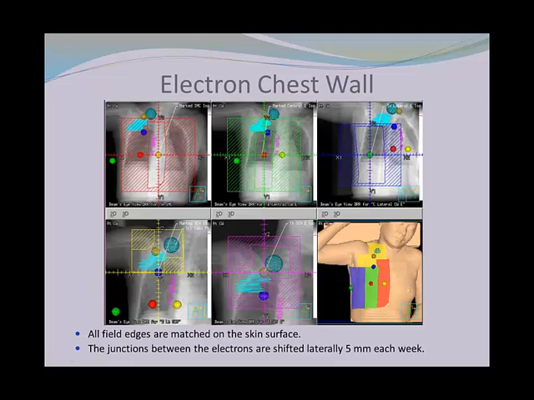As you can see here, if you can see that blue dose line, that is the 10% hot spot. And you see it's right where we have the overlap between the central chest electron field and the lateral electron field. And if you make that angle bigger, then you can have a bigger hot spot there.